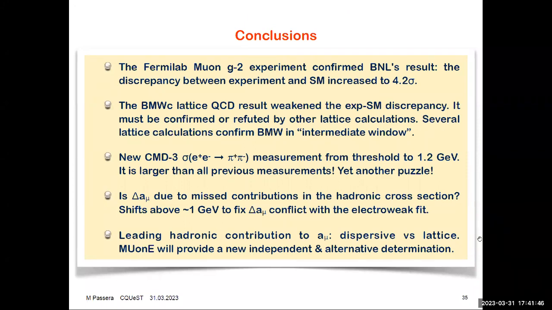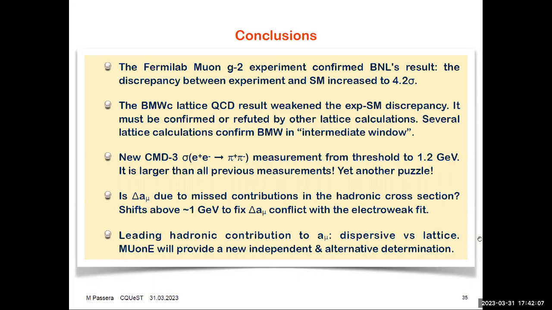It needs to be confirmed or refuted. There are now several lattice calculations that confirm BMW in the intermediate window, but we still need a confirmation of the full range. And then there is this new result from CMD3, which is larger. It's larger than all previous measurements. So yet another puzzle.